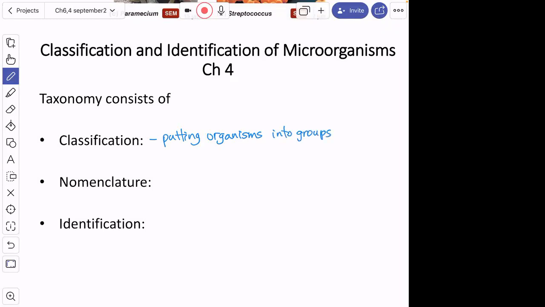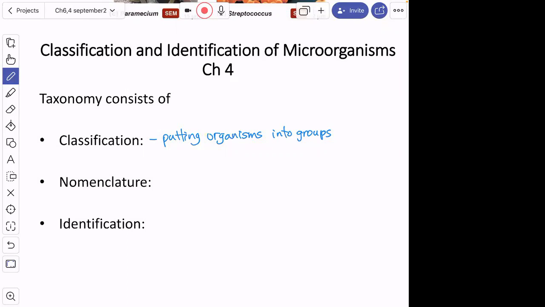Okay, and we base that on shared characteristics. The kind of characteristics that we use to classify organisms is always changing. We're moving towards more molecular characteristics like sequences of DNA or RNA rather than just how the organism looks.